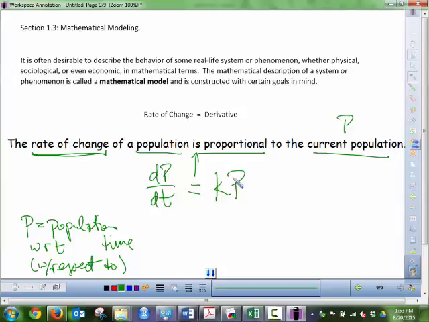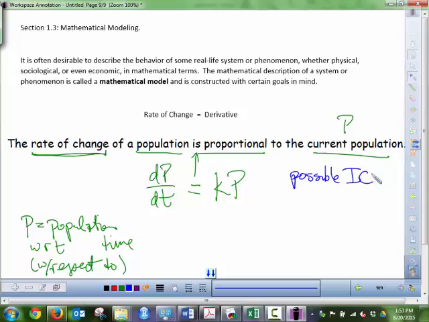And if we know a little bit more about this, like at time 0, let's say the population was 300 or something, then I would come up with an initial condition. Can I just put IC, initial condition?